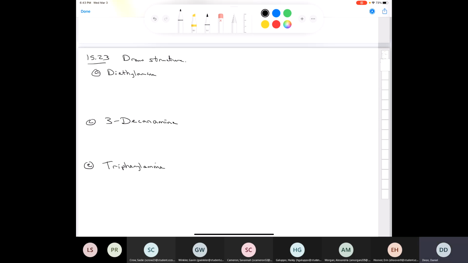All right, let's try all 3 of these. I'll give you a second. If you want to do a bonus, it could be B, 3-bromo-2-pentanamine. I'm going to give you a second to try drawing these. Give you a minute or so.